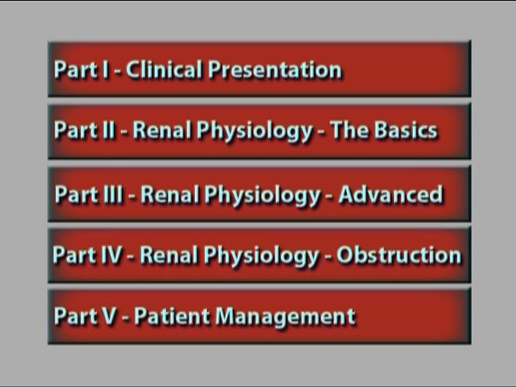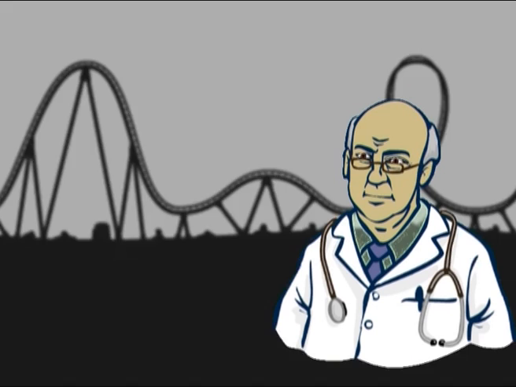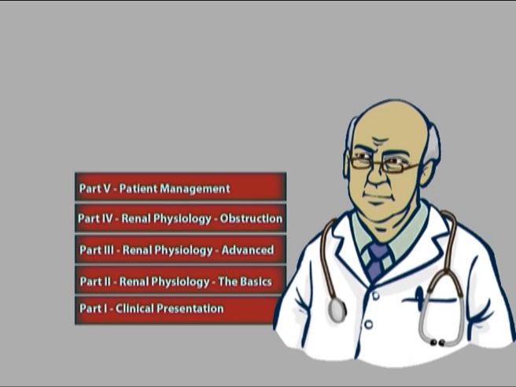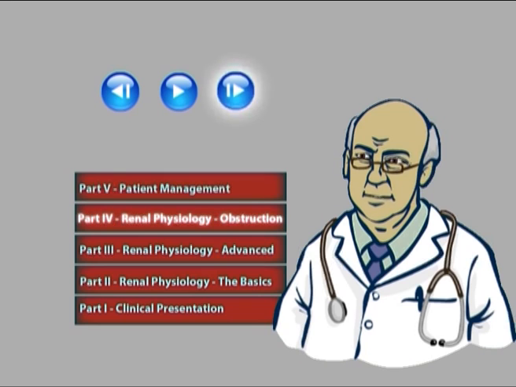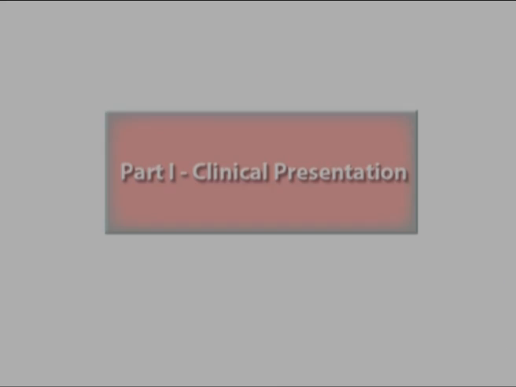In part 5, we will turn our attention to the practicalities of patient management. It will be a roller coaster of a ride through a huge subject. Each section will build on the previous one, but for revision, the individual sections can be watched in isolation. Let's start with an overview of how renal tract obstruction may present.